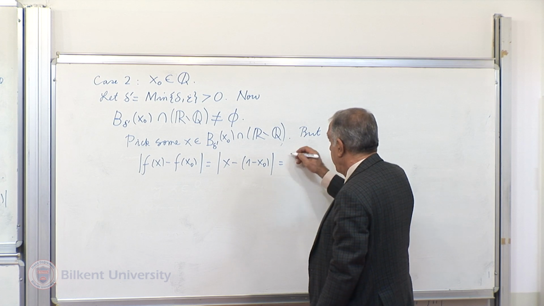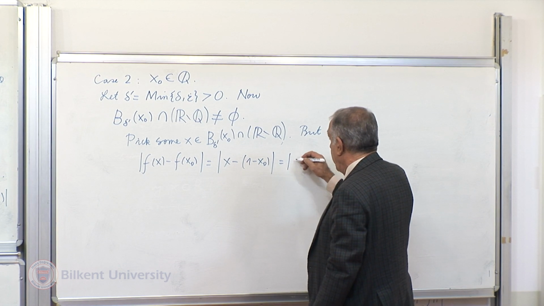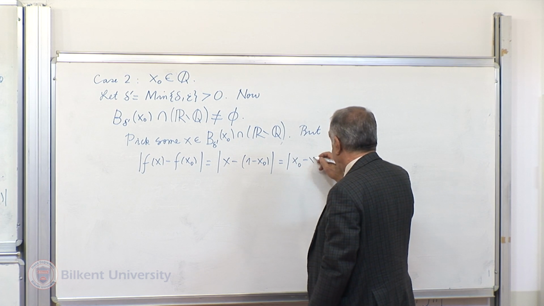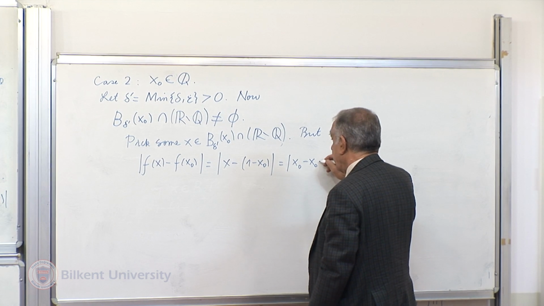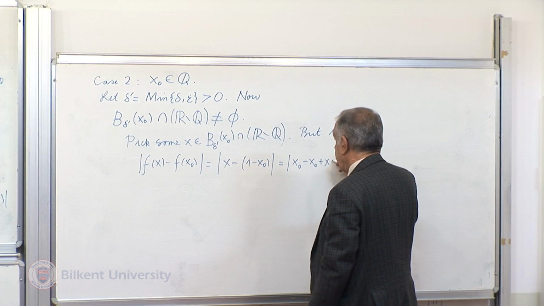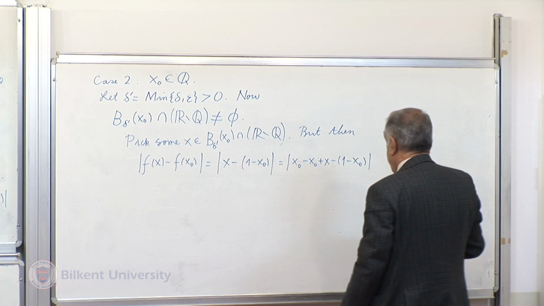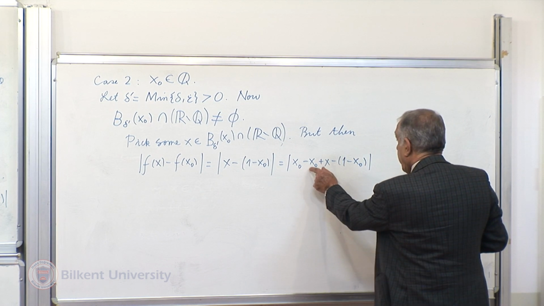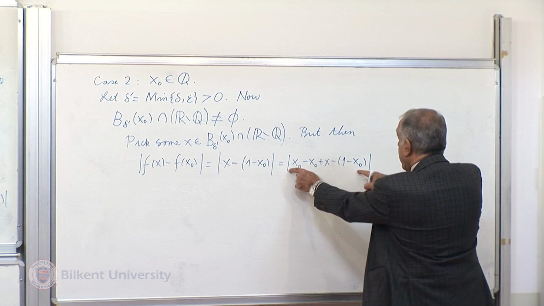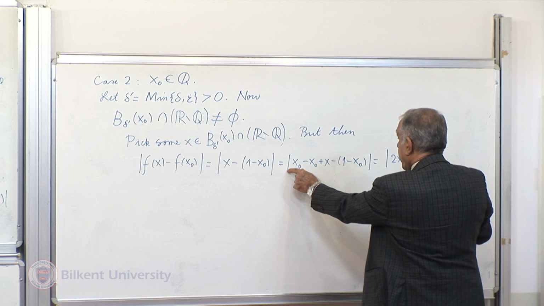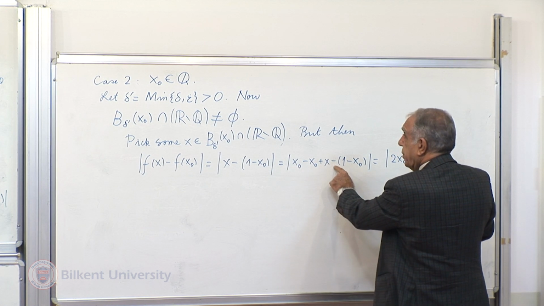This time, let me add and subtract x naught. But now I have from here x naught plus x naught, 2x naught minus 1.